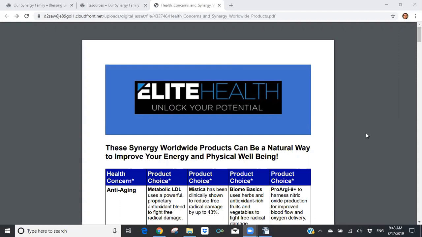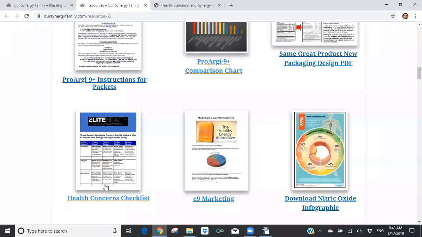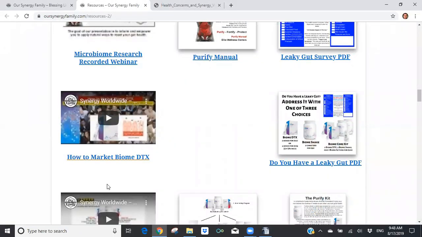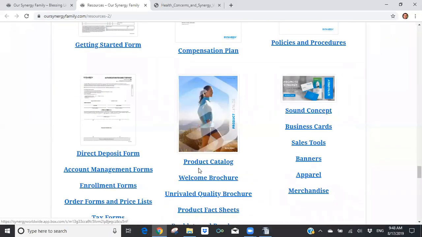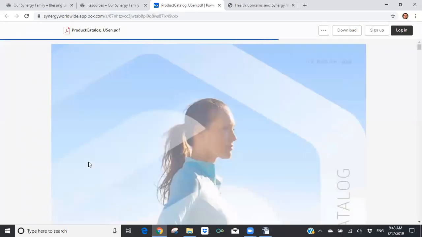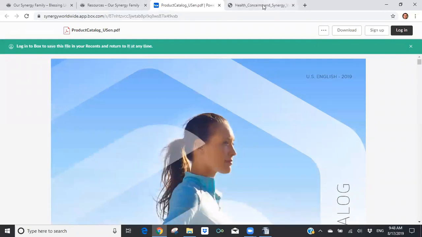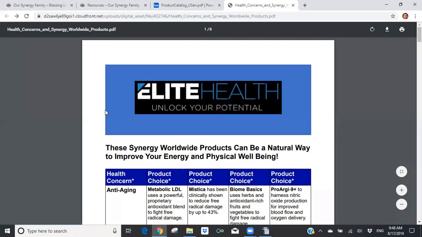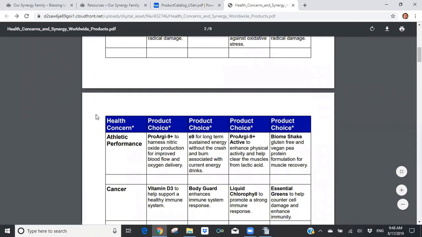My question is actually, when you're talking to a potential client and you've kind of figured out what they need with this sheet, how do you then go back and suggest some other things that they may want to use with the health concerns that they have, so you don't overwhelm them at first by saying, you need Metabolic LDL, you need Protein Plus, you need a Biome shake, and then they go, oh my gosh, I can't afford it all.